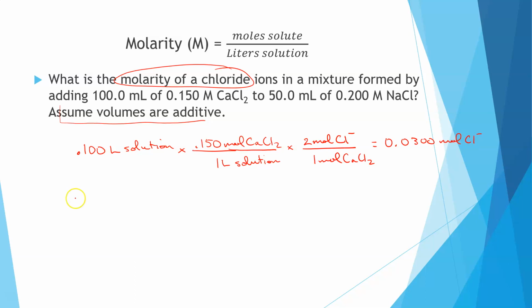And now I need to take the other compound that I put into the beaker, which was sodium chloride, and count how many chloride ions were in it before I mix them.